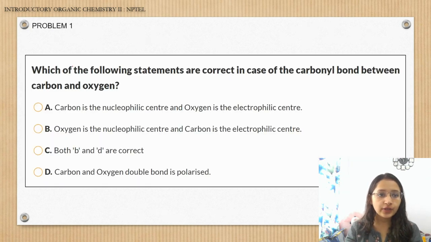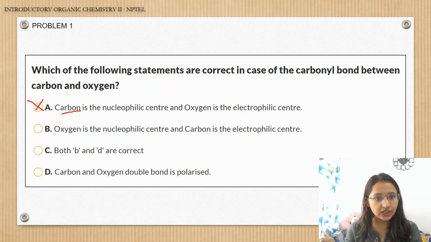So this option is eliminated, because the electronegativity of oxygen is higher than carbon, so the carbon-oxygen bond, that is the carbonyl bond, is polarized, and carbon develops a positive charge while oxygen gets a negative charge because of the electronegativity difference.